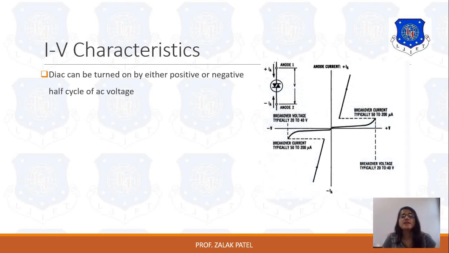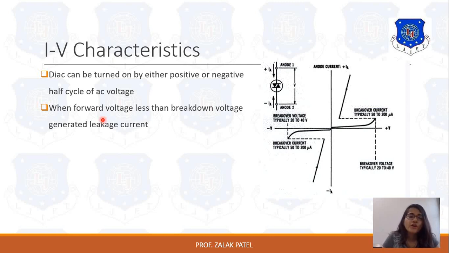Here you can see that its characteristic is almost similar to the TRIAC, in that it operates in the first and third quadrants, that we already discussed for the TRIAC. For the first quadrant, terminal 1 is greater than terminal 2, means MT1 is greater than MT2, because here we mention anode 1 and anode 2. That's why when MT1 is greater than MT2, it operates in the first quadrant. If MT1 is less than MT2, then it operates in the third quadrant.